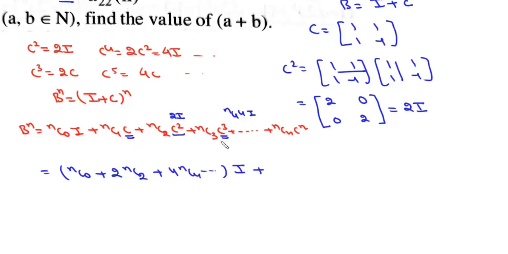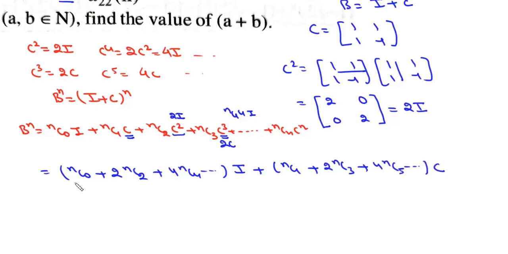Now c cube is 2c, c to the power 5 is 4c. So we can write this as nC1 plus 2 into nC3 plus 4 into nC5, and it will be multiplied with c.